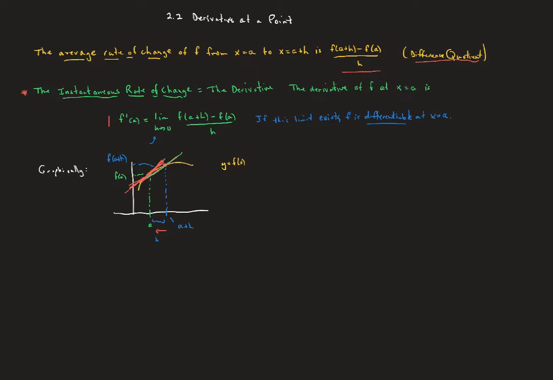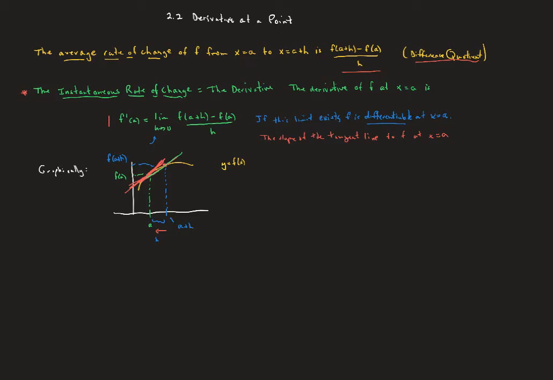So another name for this: the derivative, the instantaneous rate of change, and the slope of the tangent line. Those are all synonyms. They're all equivalent. So that's the slope of the tangent line to f at x equals a.